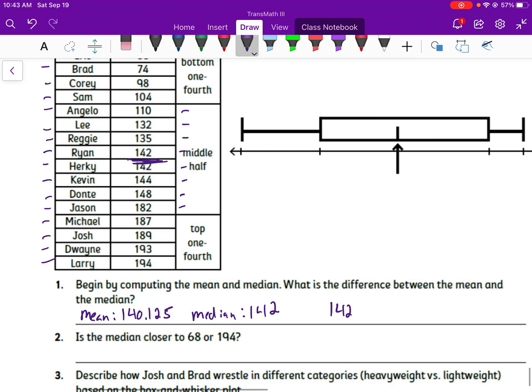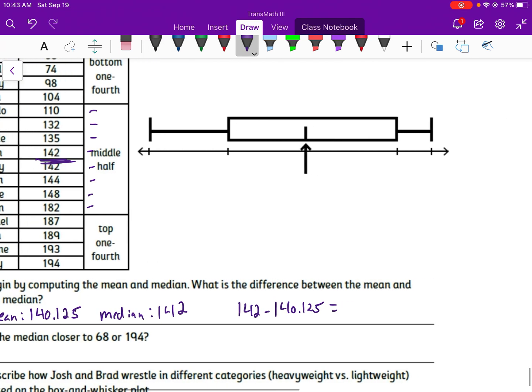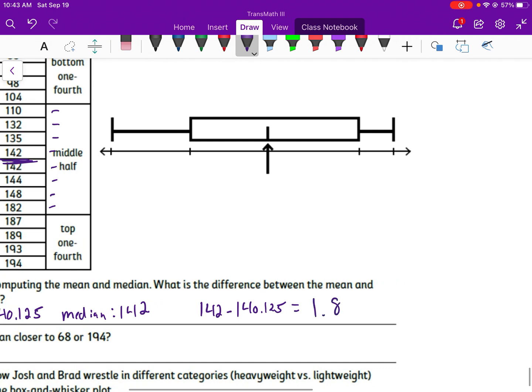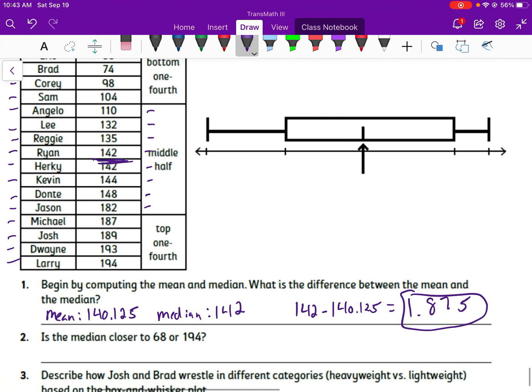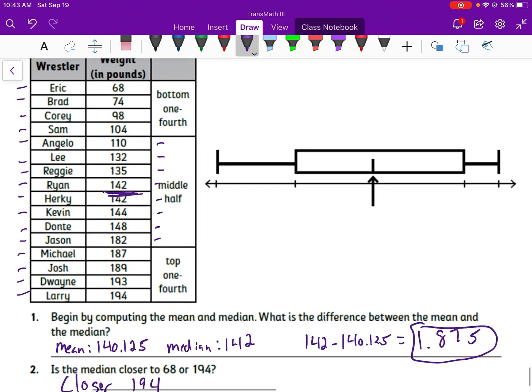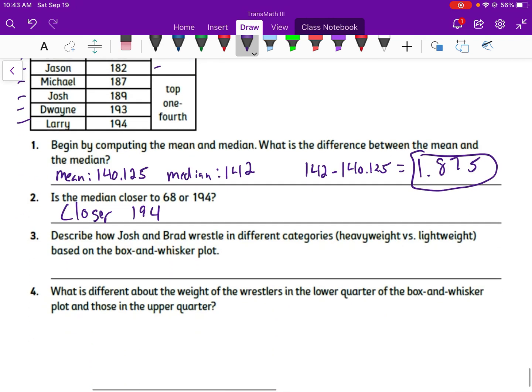So 142 minus 140.125, we get a difference of 1.875. Is the median closer to 68 or 194? If you look at it, it's going to be closer to 194. So in this case, our median is closer to the maximum.